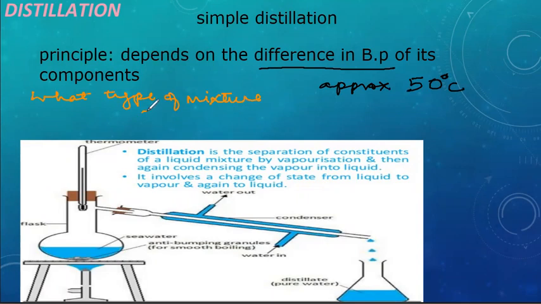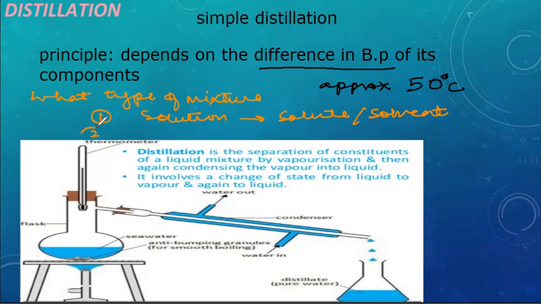Number one, from a solution, we can separate out the solute and the solvent. For example, if we have a sodium chloride solution or a sugar solution, we can separate the sugar or the salt from the water.